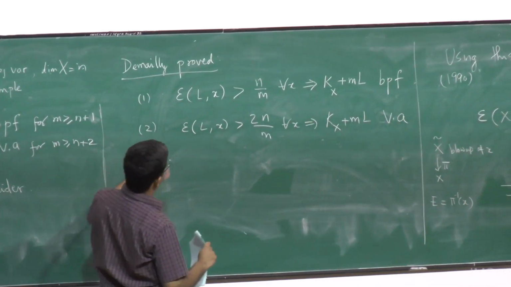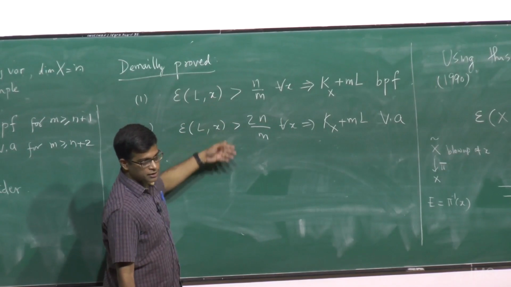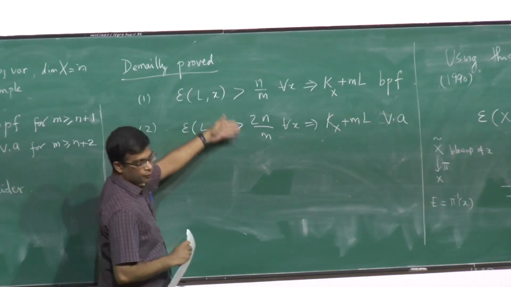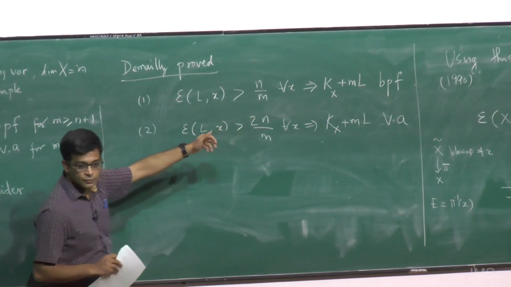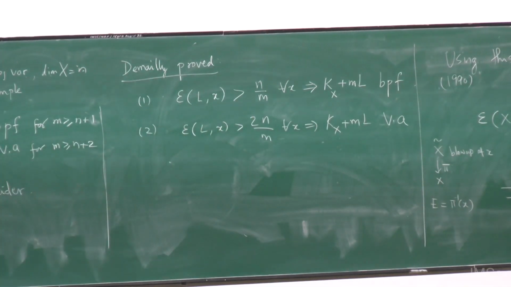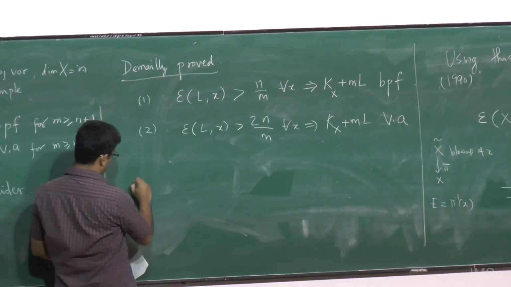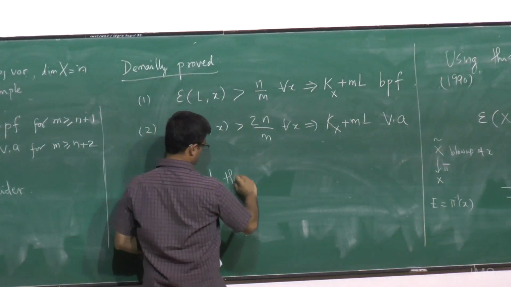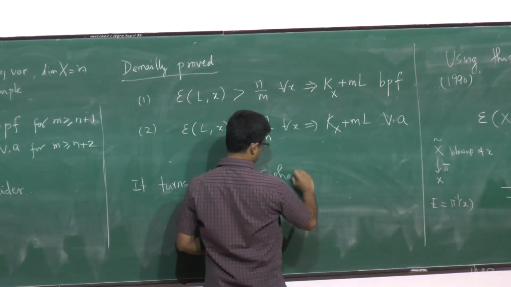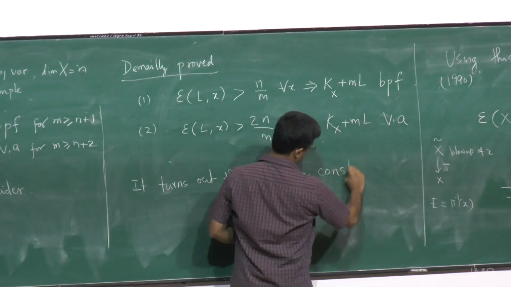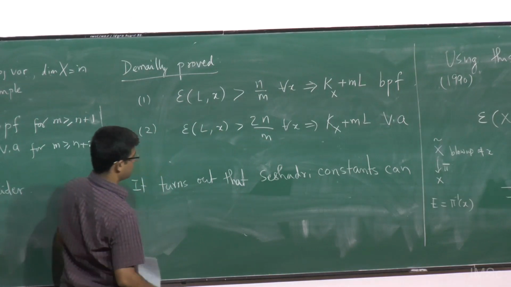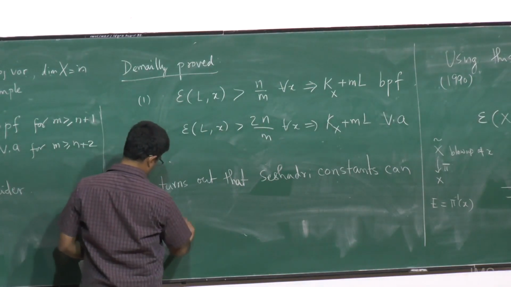However, it turns out that this approach broke down because the Seshadri constants can be arbitrarily small. So you can't hope for such a thing. Even though in the surface case this Fujita conjecture has been proved, it turns out that Seshadri constants can be very small.